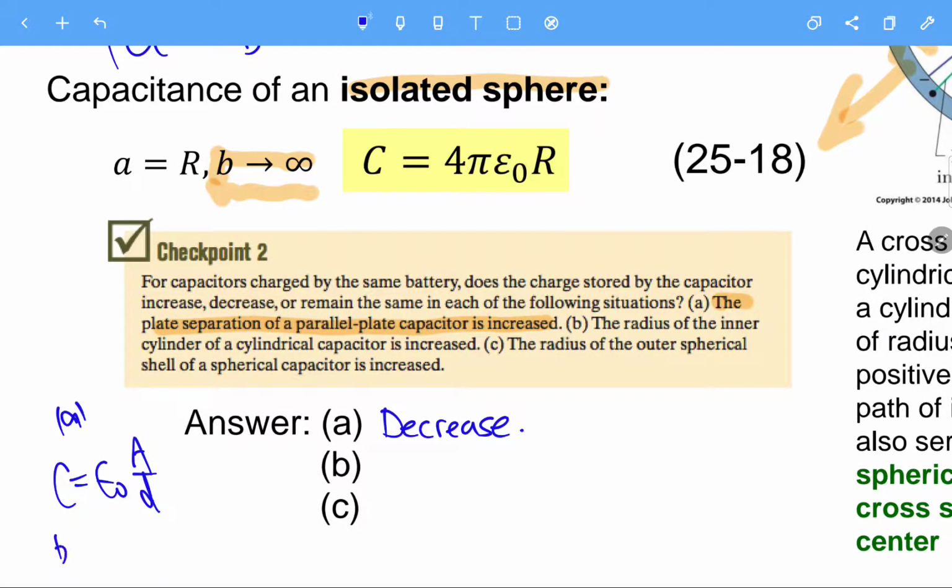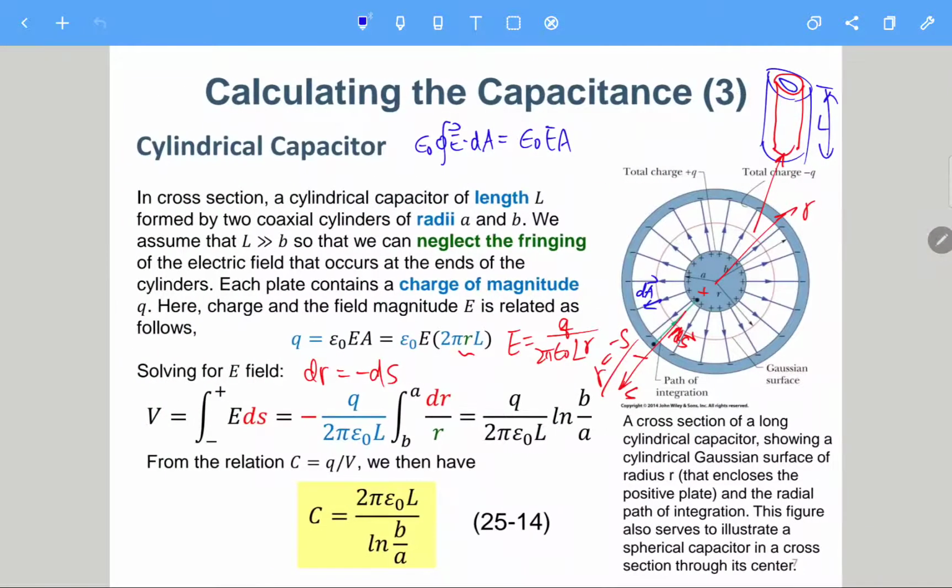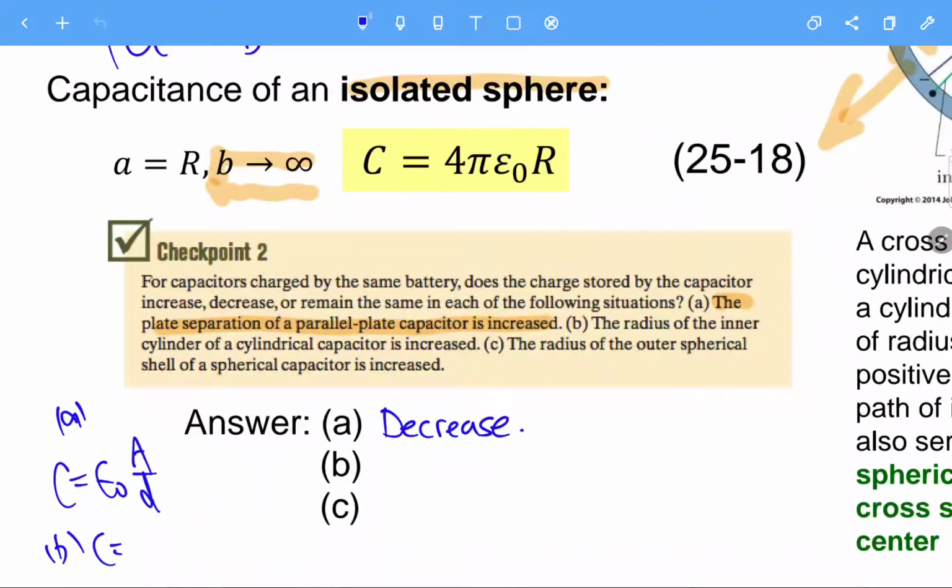For B, C is 2 pi epsilon naught L over the log of B over A. So here we increase A. Increase, decrease, or remain the same? Increase. Yeah, increase.